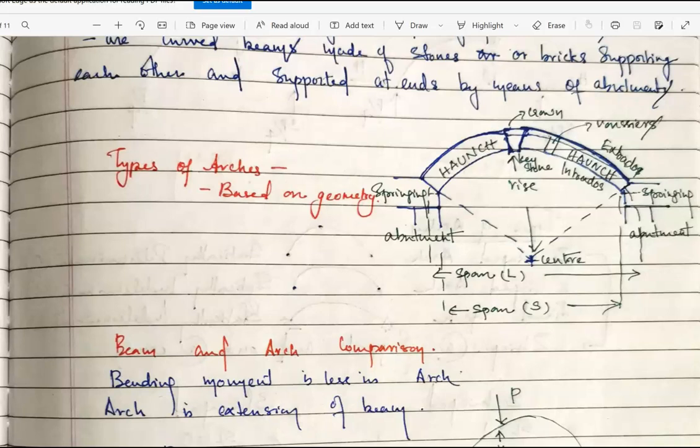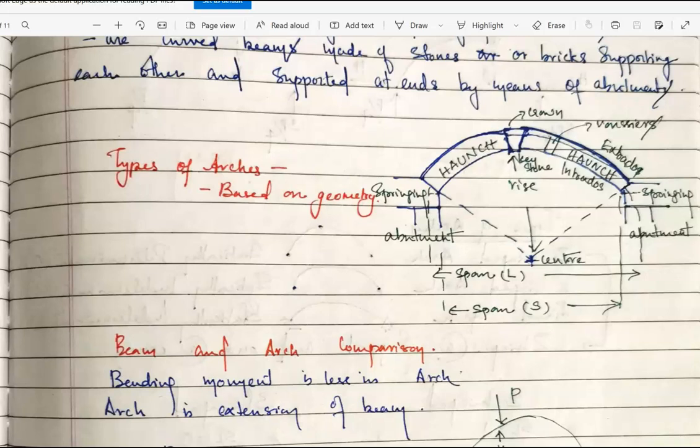Then you have the rise, which is the topmost point, and the crown over there. Then you have this portion known as the haunch, and the other portion is also known as the haunch, on both sides.